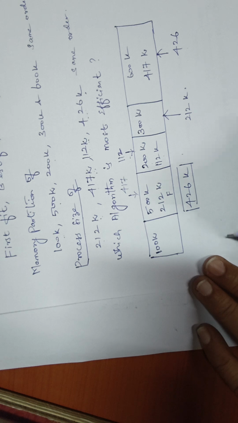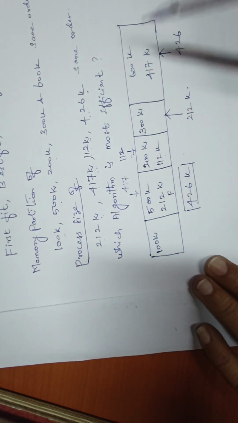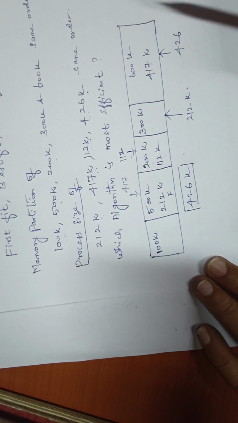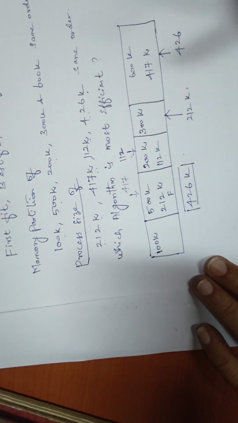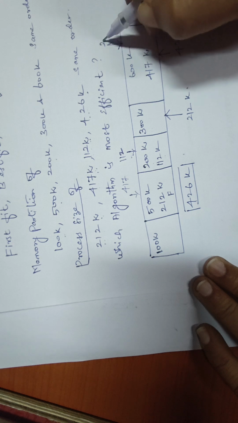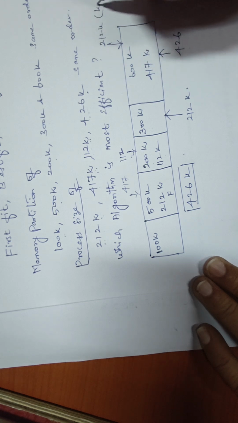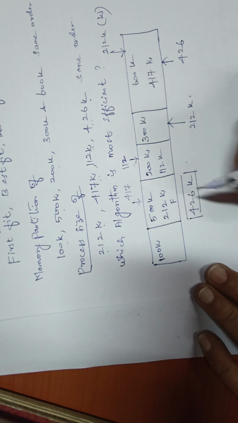When you consider the worst fit, it chooses the maximum size of the memory partition available. For example, 212 will choose the hole of 600 in the case of worst fit. And 417 chooses the next maximum, which is the space of 500.